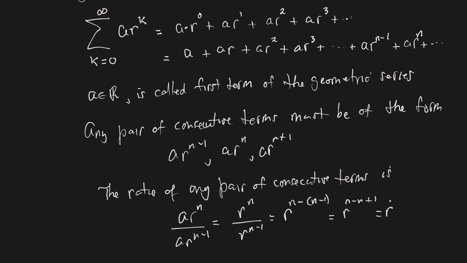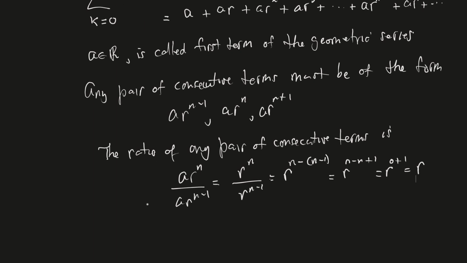So I end up with r to the 0 plus 1, so that gives me r. So what this is saying is, if I take the ratio of any pair of consecutive terms in a geometric series, I am always going to get this constant. Regardless of what n is, I will always get this constant. And for that reason, r is called the common ratio of the geometric series.